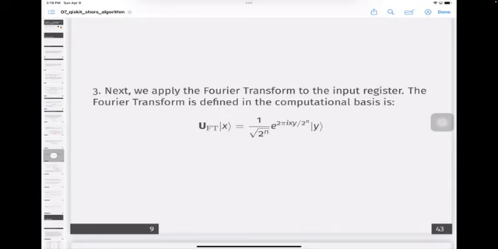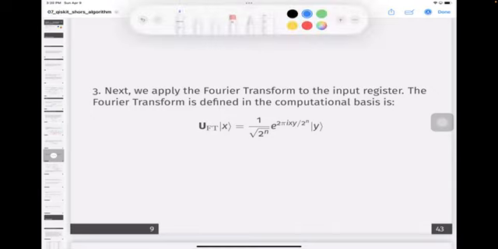Now the Fourier transform is defined to be this one here. Given an x, a basis vector, so one of those numbers in the input register, if you apply the Fourier transform, it will give you this formula.